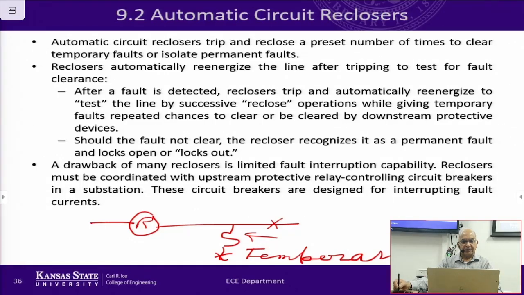So the recloser eventually will either lock out in open position or it will lock out in closed position. If the fault happens to be here, then it will lock out in closed position and it will allow the fuse to blow. If the fault happens to be in this location, the fuse does not blow, then it will open and then it will not reclose after that.